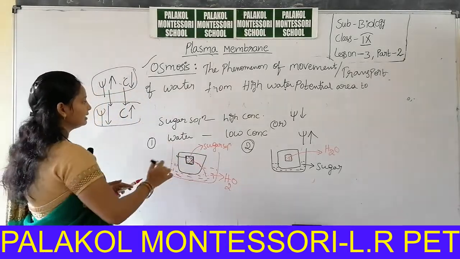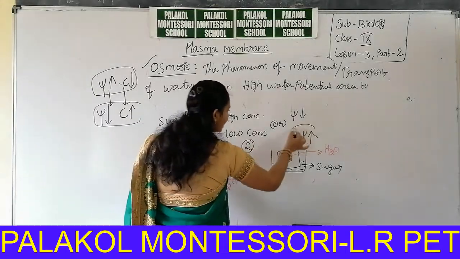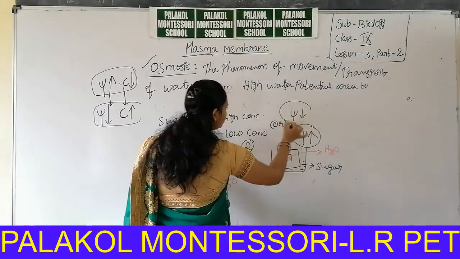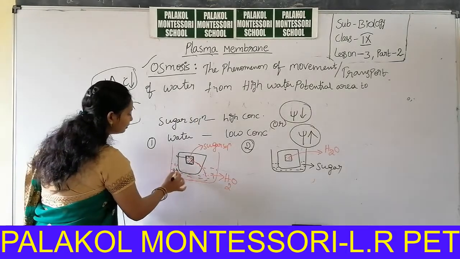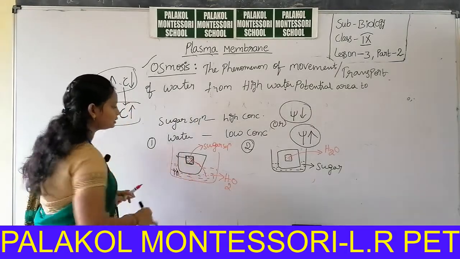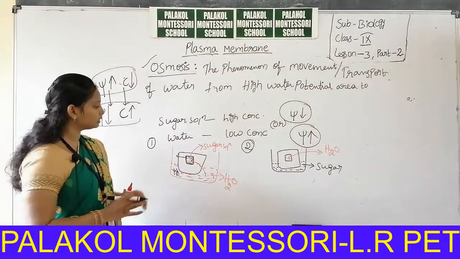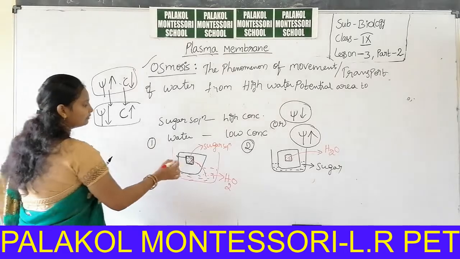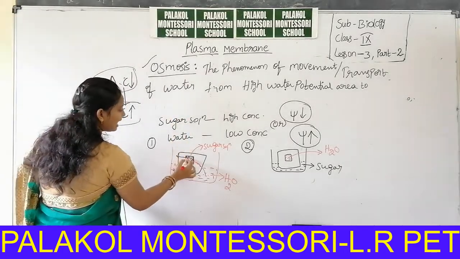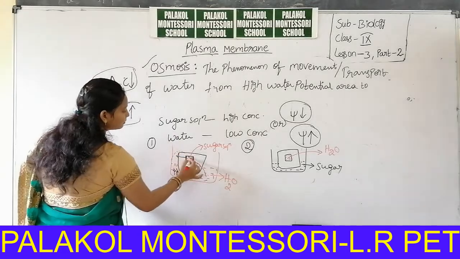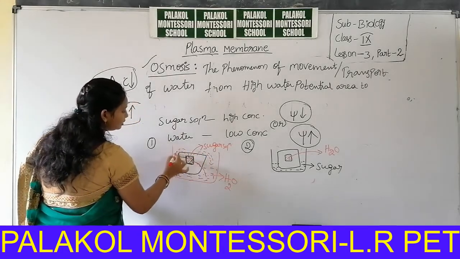After a while, you will observe that water moves through the plasma membrane of the potato and enters into the sugar solution. Why? Because always water moves from which region to which region? High potential region to the low potential region. So here water potential is more when compared to the sugar solution. So water moves towards the sugar solution. The sugar solution comes upside and again drops into the outer solution.